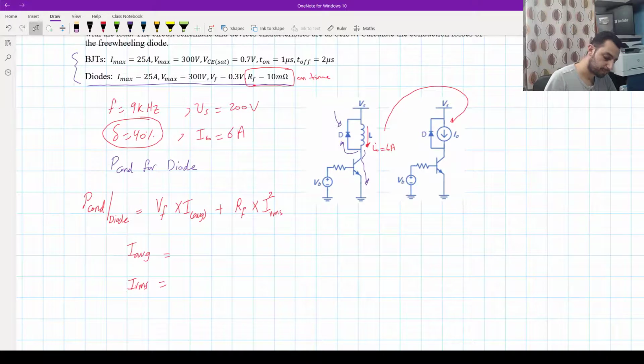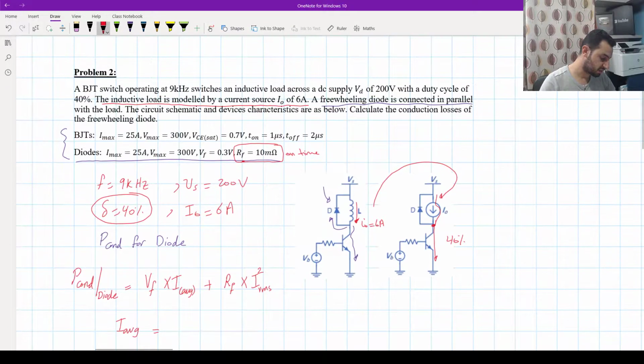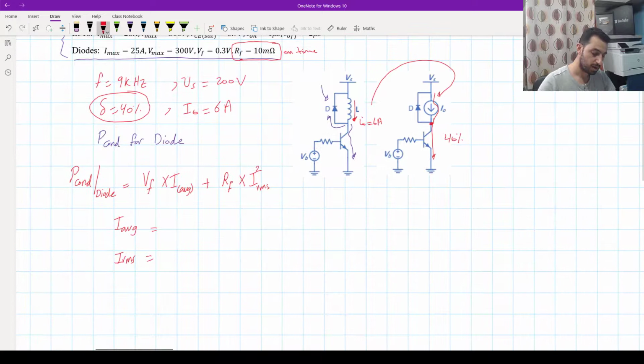Now this current is coming from the inductor and going to this node. If the transistor is switching on, that current will go through the transistor during that duty cycle, which is 40% of the period at a frequency of 9 kilohertz. During switching on of the transistor, this node here will be close to 0.